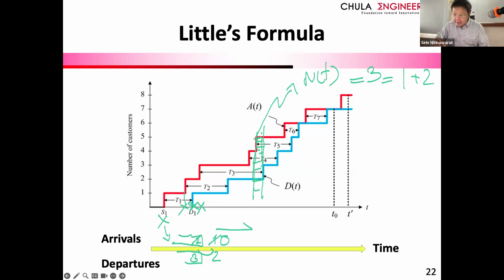Okay, what happened at this instant where AT is equal to DT for the first time after the start of the system? When AT equals DT, the system is empty, right?